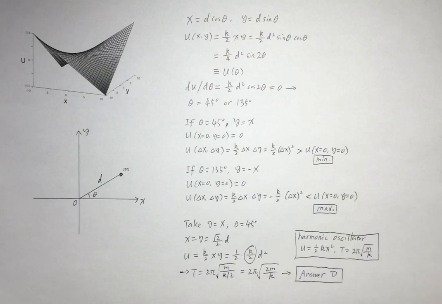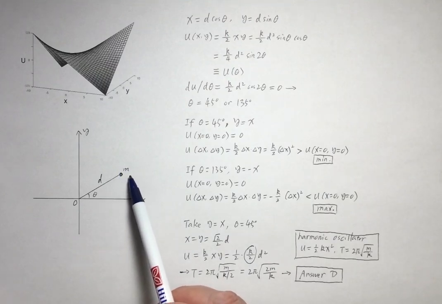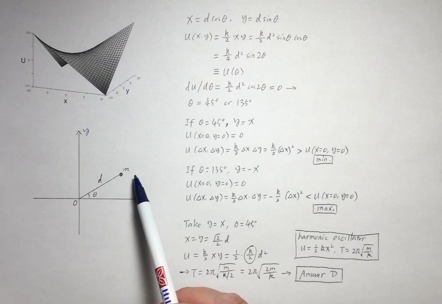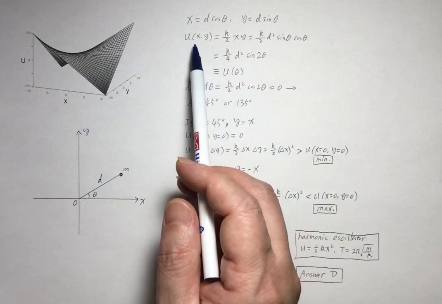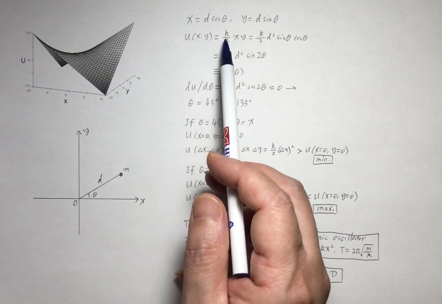This is question number 18 of the 2025 F equals MA exam. We have a particle of mass M who moves in the xy plane with potential energy U(x,y) equal to k over 2 xy.